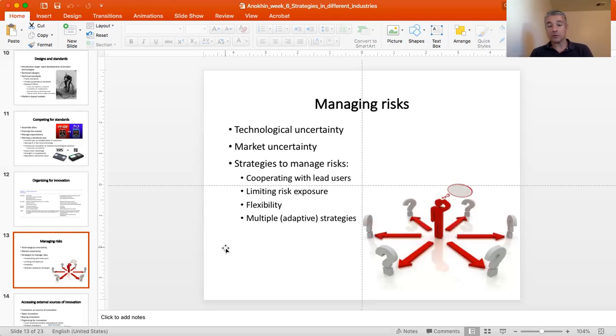One is to cooperate with lead users. I showed you that slide before. There are about 2.5% of users who are truly innovative, who are ready to try new products and are interested in them. I'll work with them. They would probably do it for free. They would be excited to work with you, and you can harvest a lot of insights from those people.